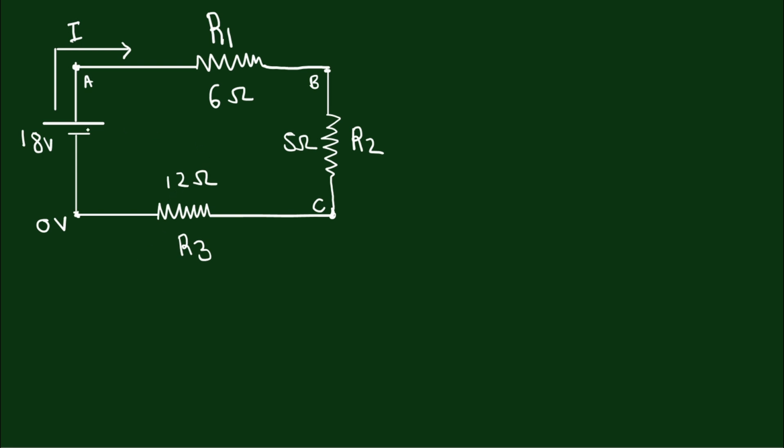Now let us say that electric potential at this point is 0 volts, and now we have to find the potentials at A, B and C points. Now notice that the potential difference across the battery is 18 volts, and since A is at the positive side of this battery, the potential at A will be 18 volts. VA will be 18 volts.